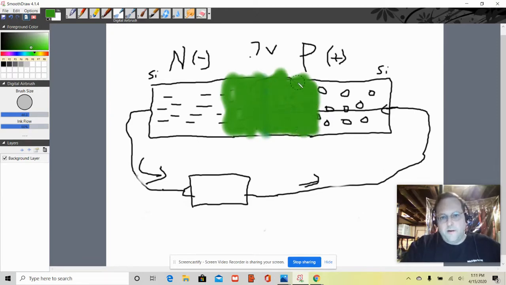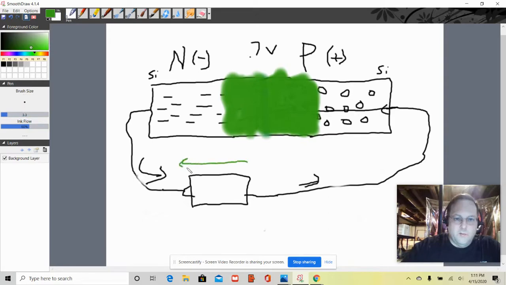So the barrier gets bigger and bigger, and the more you try to put power through backwards on a diode, the less likely it is to work. They're not perfect things. There might be a little flow through or something, but by and large, this is how it works. So that's why you can only go one way through a diode.